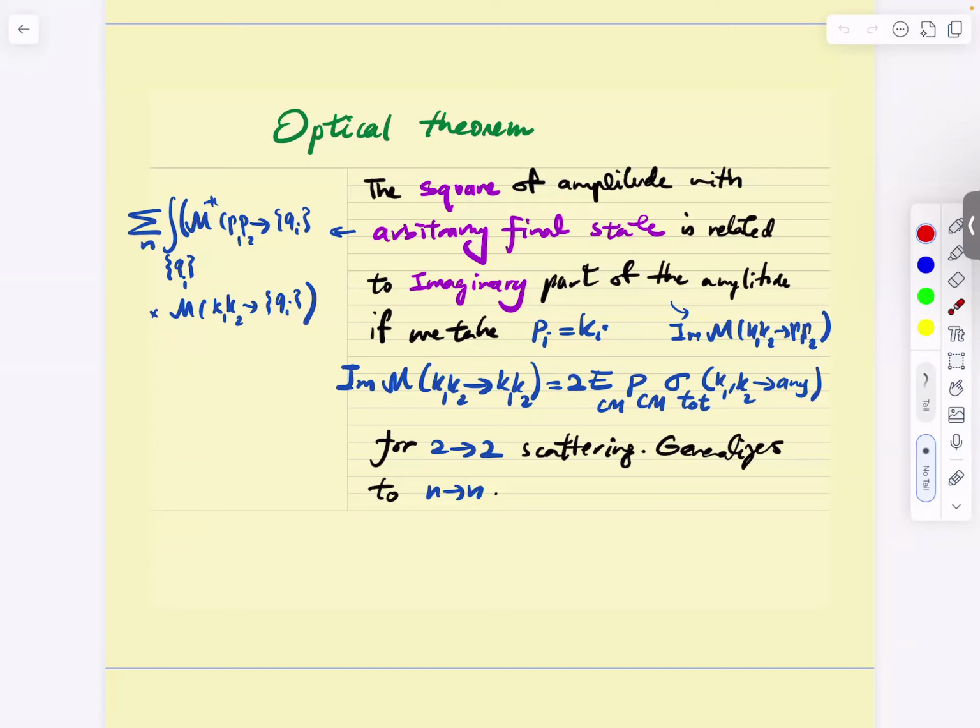Because otherwise here I have Q1, P2. If I want to interpret this as scattering, the norm of M, I have to pick this one to be the same as this. That's why. When I look at that, then here it becomes P1, P2.